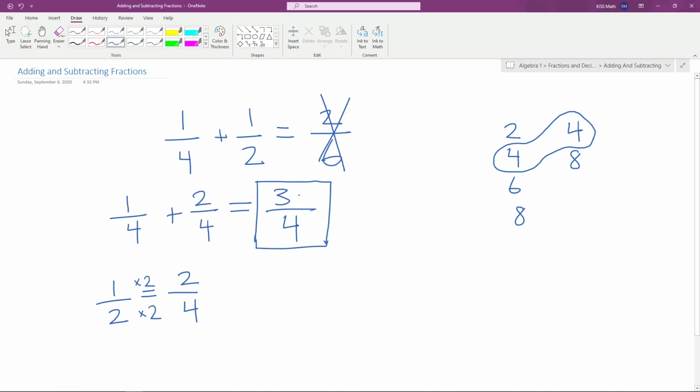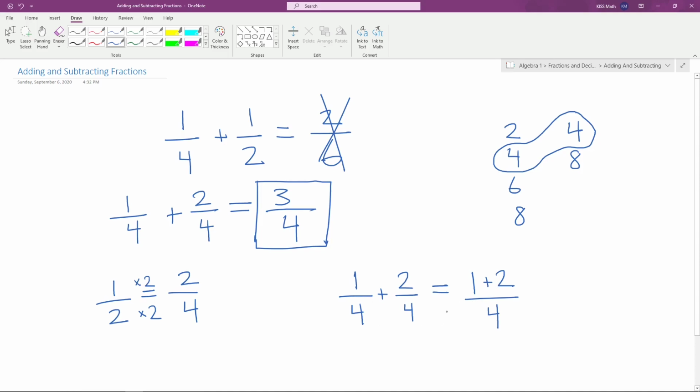One thing I want to show is that when you're adding or subtracting fractions with common denominators, you can split them or combine them however you want. So you can write our example problem here like we had it, 1 over 4 plus 2 over 4, where we split it up. But you could also write this as 1 plus 2 all over 4 and combine the numerators, as long as you have the same denominators.